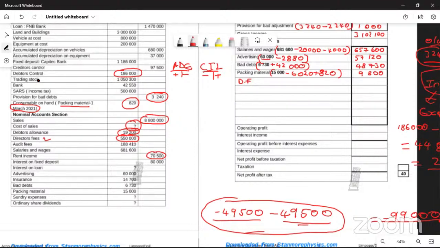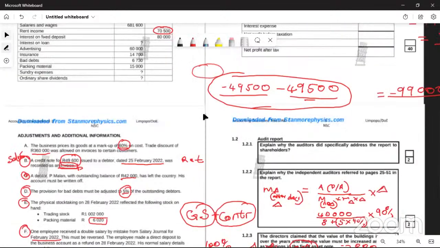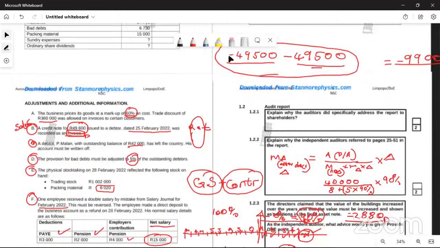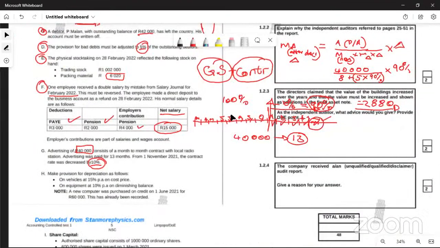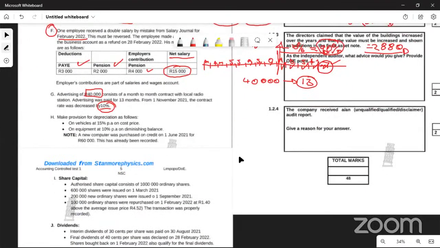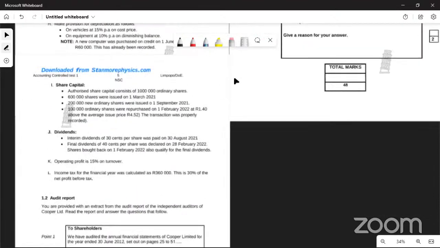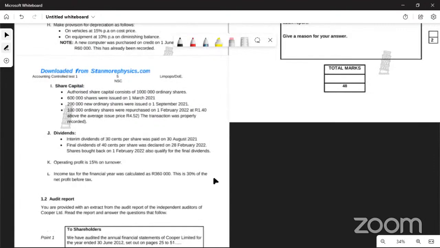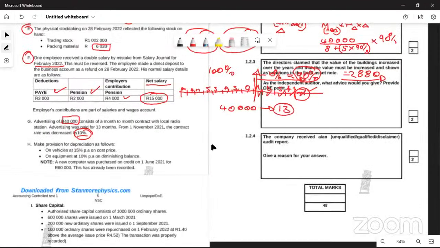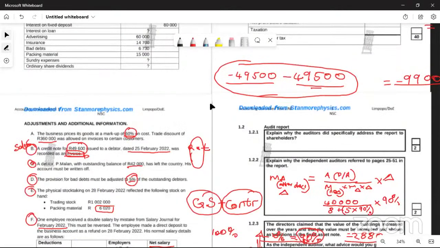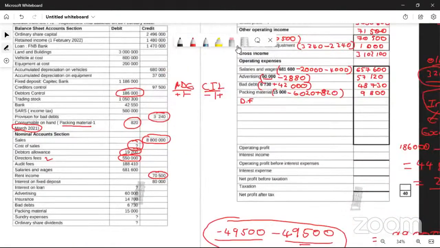Director's fees 550,000. As you can see, I checked the director's fees here: share capital, dividends, operating profit, income tax, audit report. There's nothing spoken of the directors fees. So the directors fees stay as they are, 550,000.